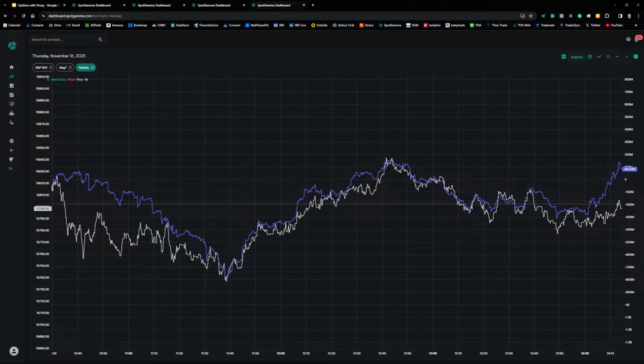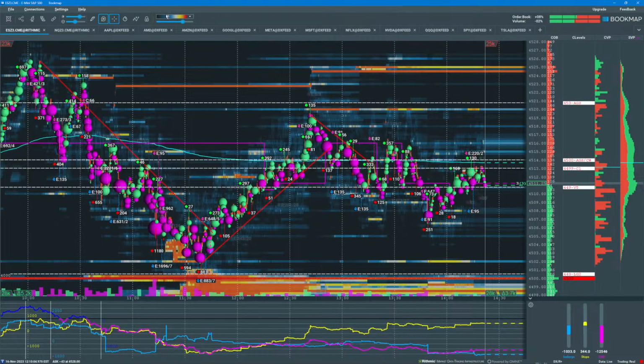So this is interesting right here. Sharp move up in the hero signal for NASDAQ. Let's go take a look at Bookmap. Maybe a long entry.